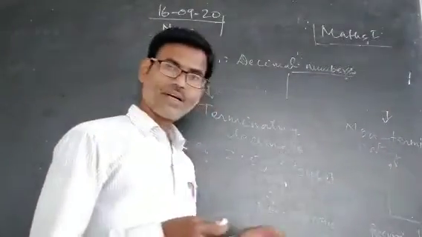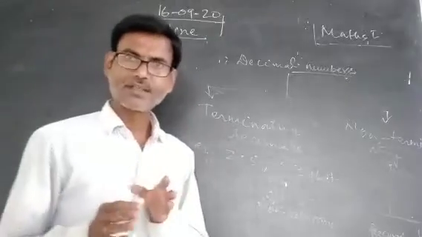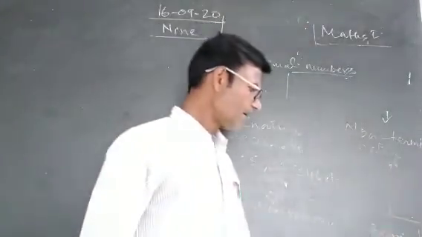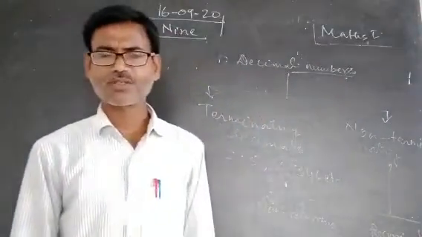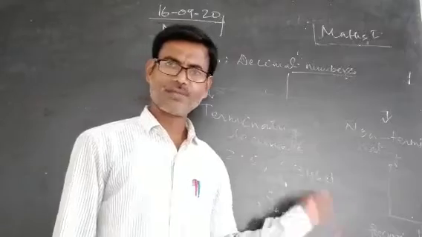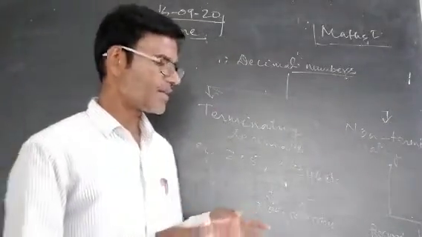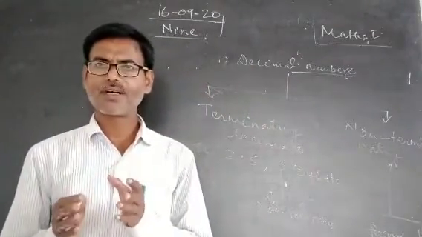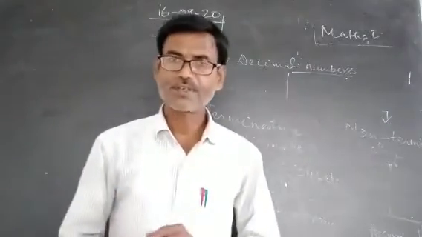And a non-recurring number is non-terminating, in which no digit gets repeated. Recurring decimal has two types: pure recurring decimals, in which all the decimal digits are repeated, and mixed recurring decimals, in which at least one decimal digit is not repeated.